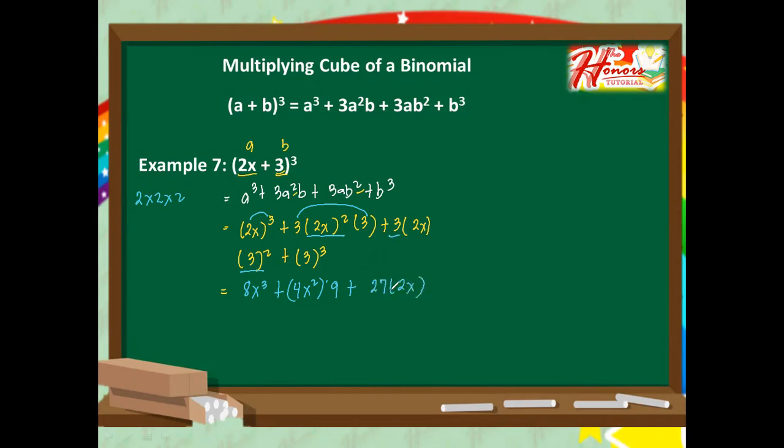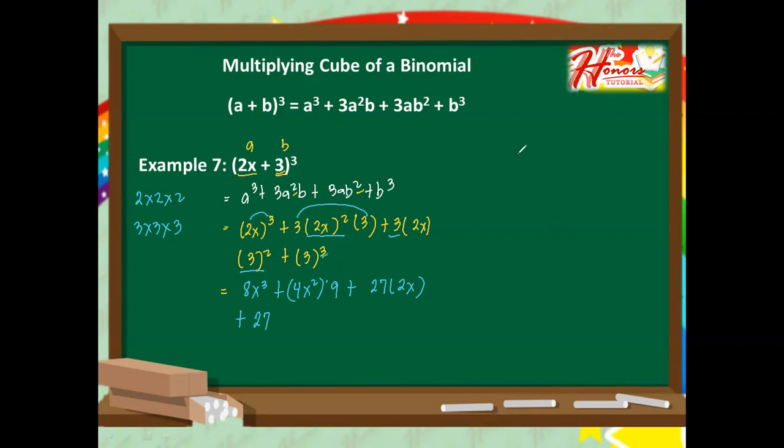Times 2x plus 3 raised to 3 again, it's 27. It is because 3 raised to 3 is not 3 times 3. It is 3 times 3 times 3 because the exponent is telling the base how many times you are going to multiply yourself, and that is thrice because the exponent is 3.